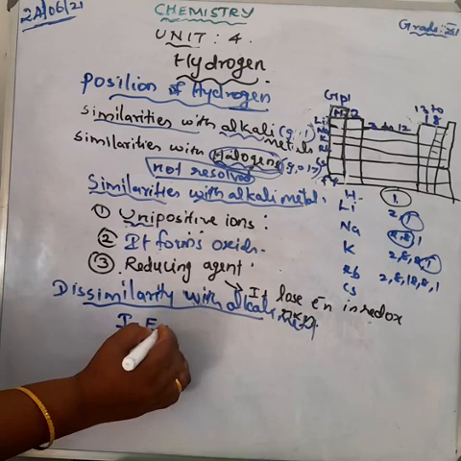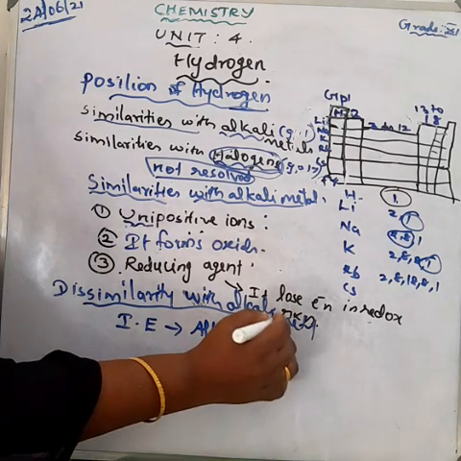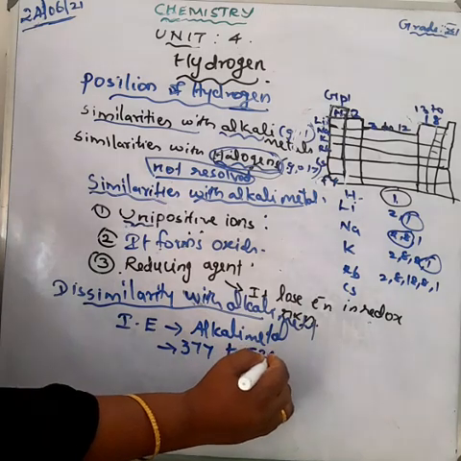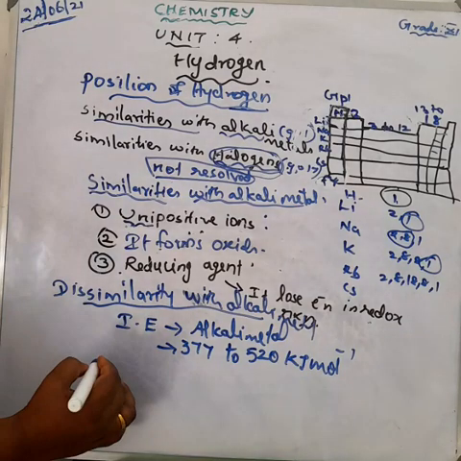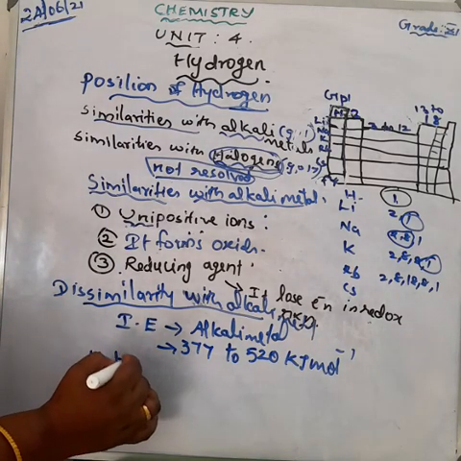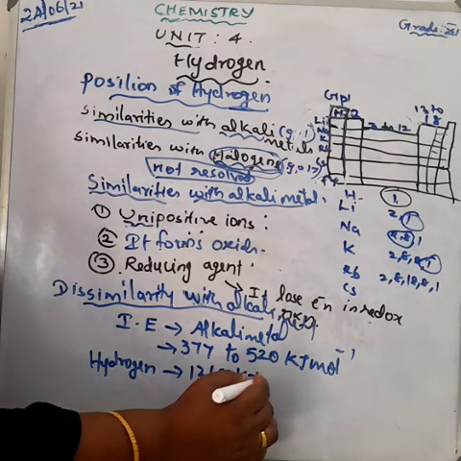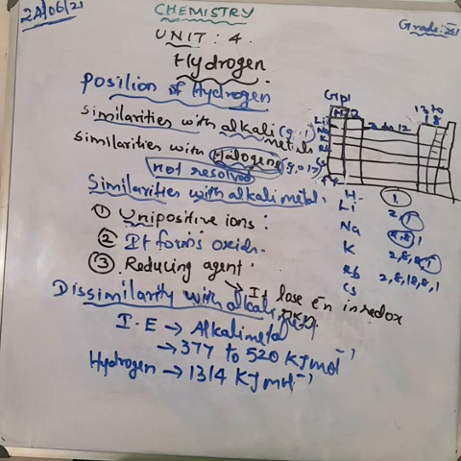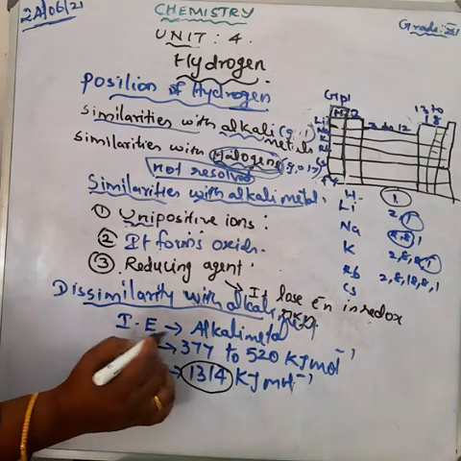But hydrogen has an ionization energy of 1314 kilojoule per mole, which is much higher than the alkali metals.